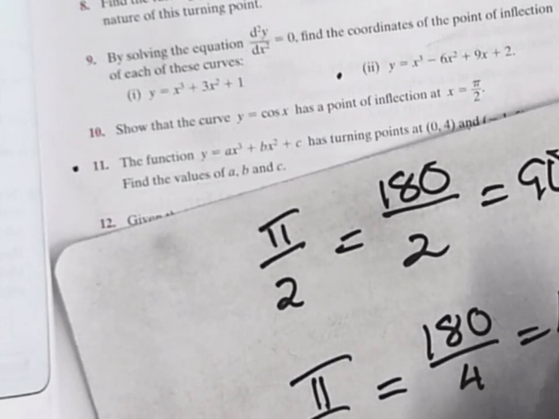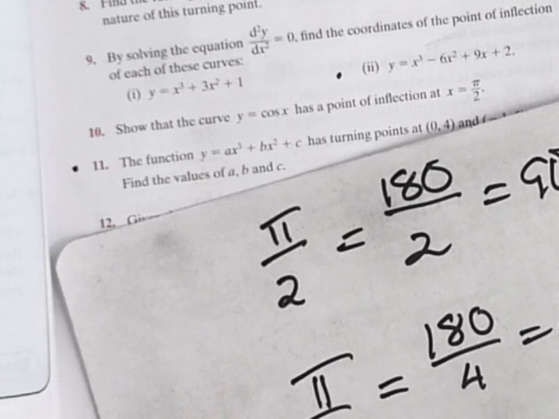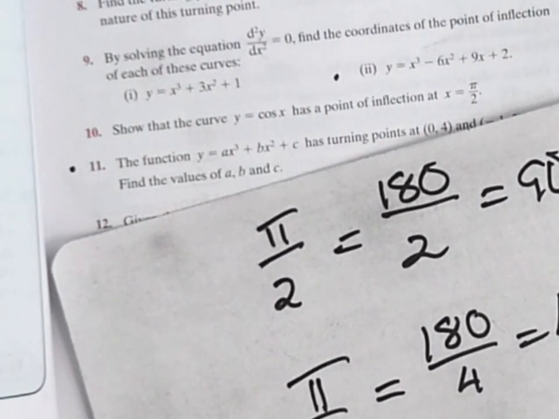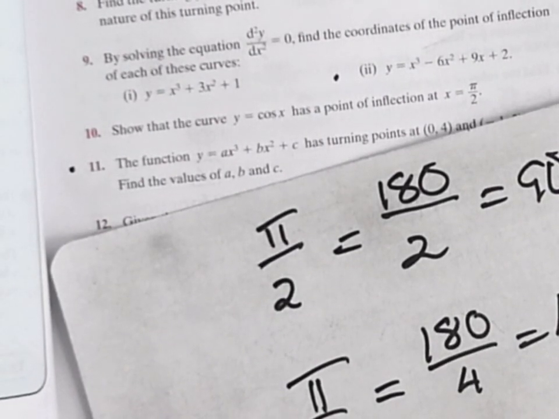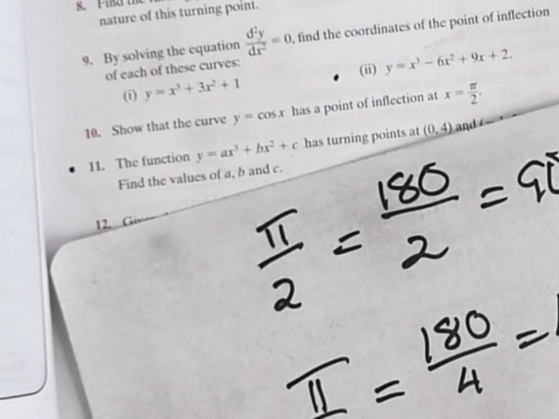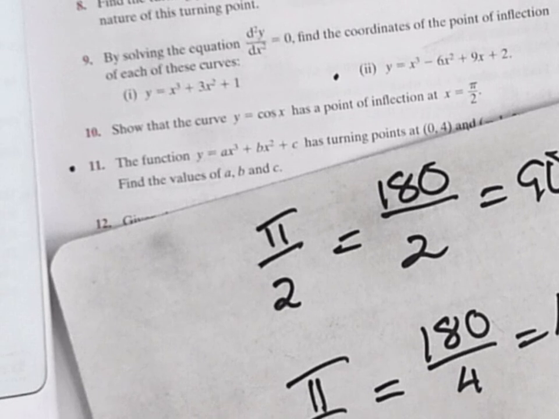So as far as you're concerned, girls, in any angle question, when you see pi, it's 180 degrees. I'll explain more next year when we get to trigonometry. Obviously pi is 3.14 everywhere else, but if you're talking about angles, pi is 180 degrees.